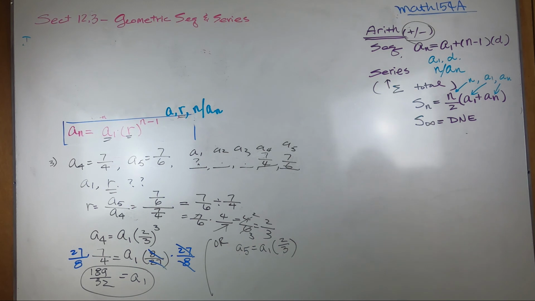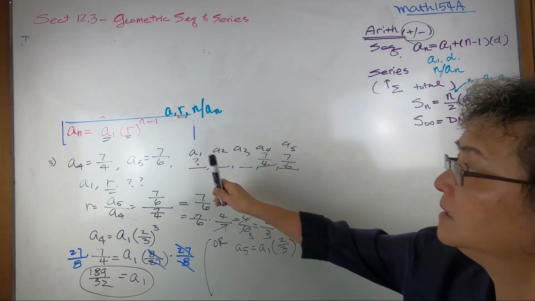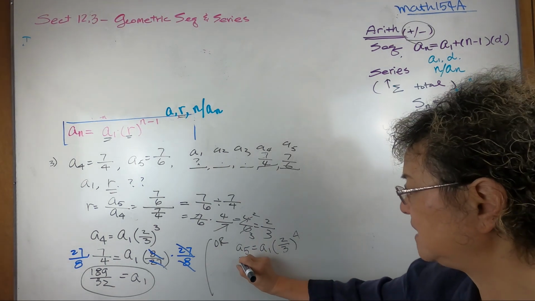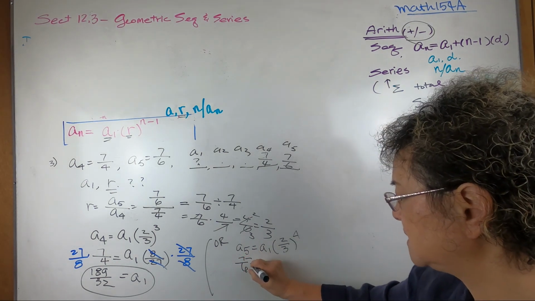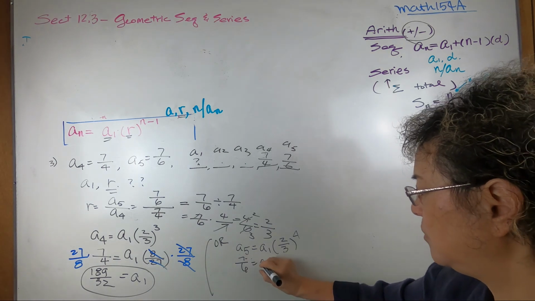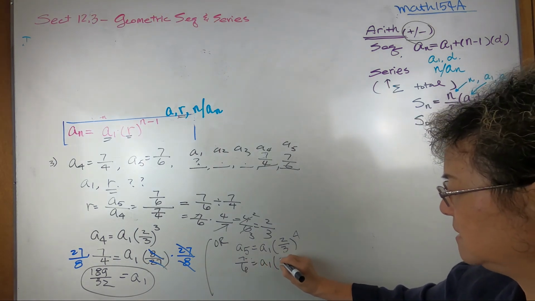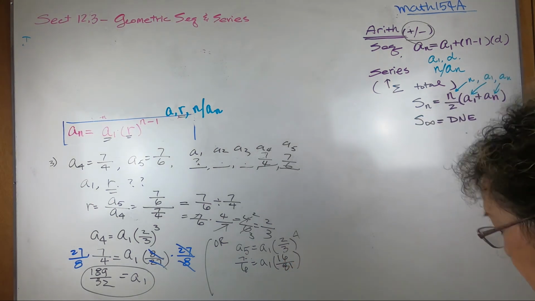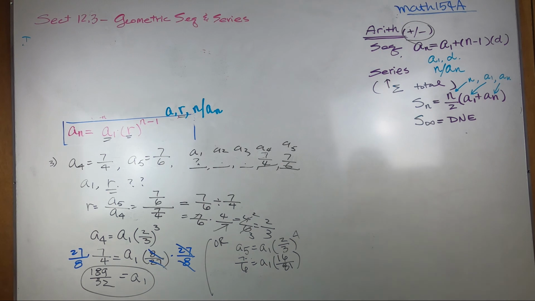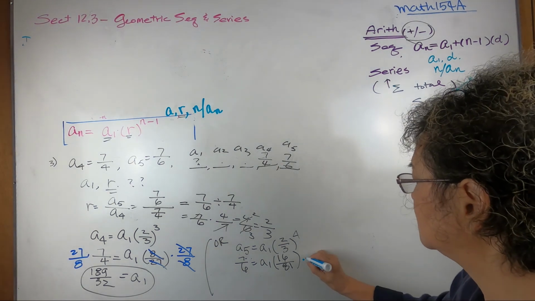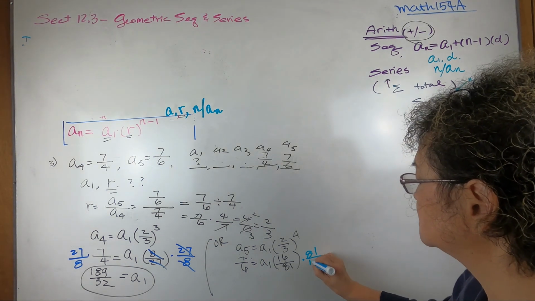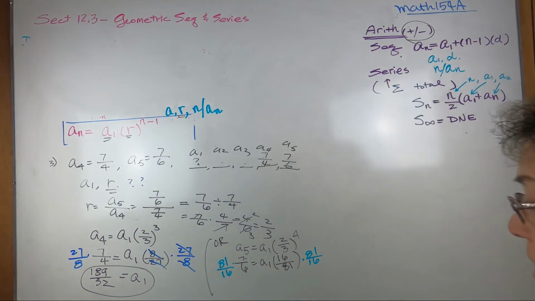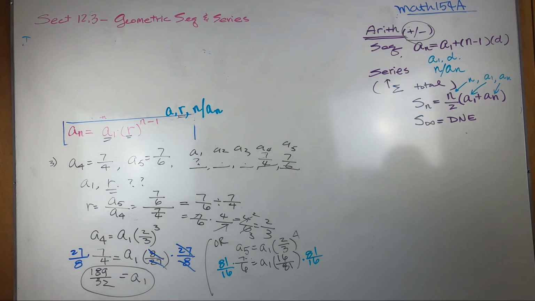You multiply 1 time less, that would be 4, and minus 1. And A5 is 7/6. We try to find the A1 times this one, which is 16 over 81, right? Then to get A1 by itself, we can multiply by the reciprocal, 81 over 16, right?